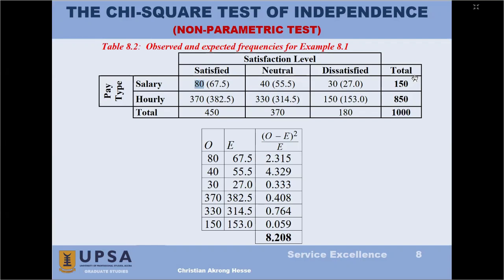Have I made myself clear? So check whether the expected frequency for this one is correct. That's 850 times 450 divided by 1000. Is my answer correct? Yes, sir. So let's check this one whether it's also correct.